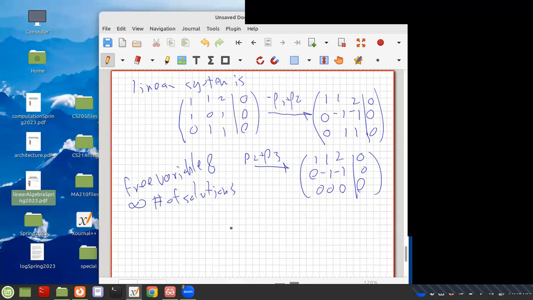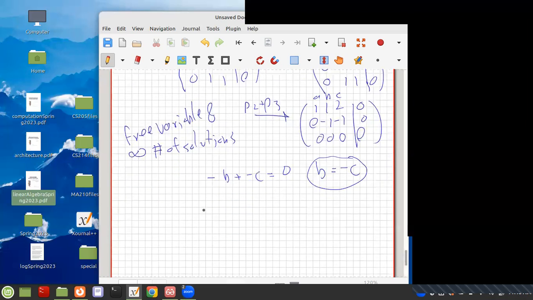The equations are going to be, this is the A, B, and C column, minus B plus minus C equals 0. So that means that B equals minus C, right? That's just rewriting this. This is one equation. And the first equation, I'm doing back substitution, is A plus B plus 2C equals 0.